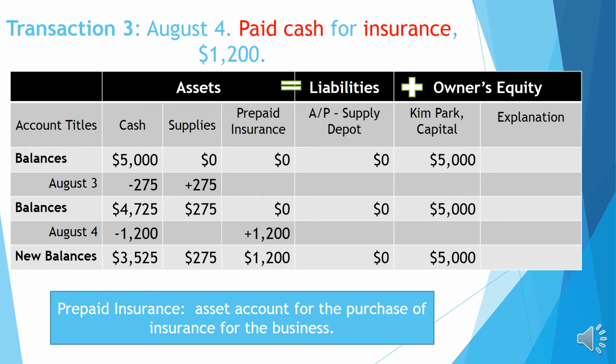Notice once again that the August 4th transaction only affects one side of the accounting equation. Now it's time to check to make sure your assets equal liabilities plus owner's equity. If they equal, go on to the next slide.